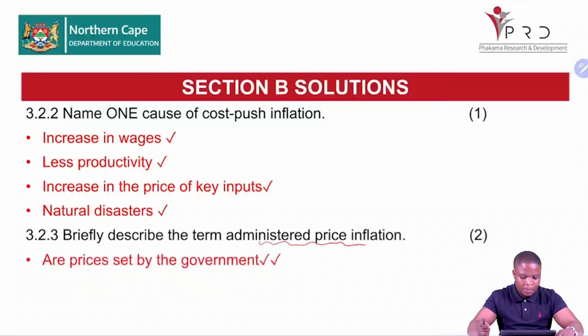Prices set by the government. Administered prices inflation is the inflation that is caused by prices that are set by the government. Can be price for water, price for electricity, or municipality rates. We say there are administered prices.